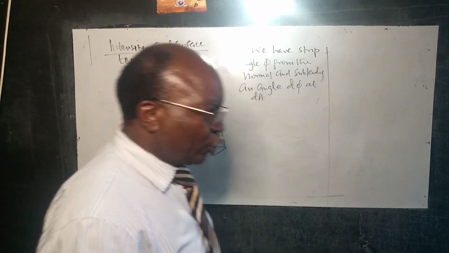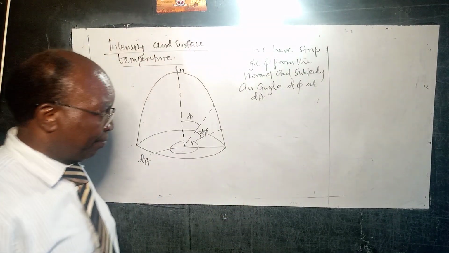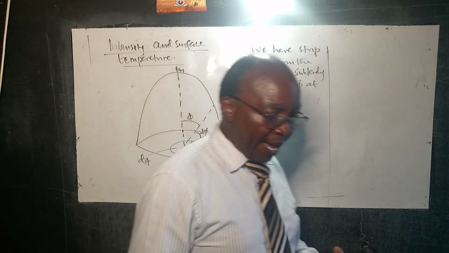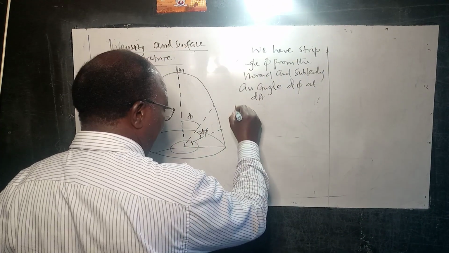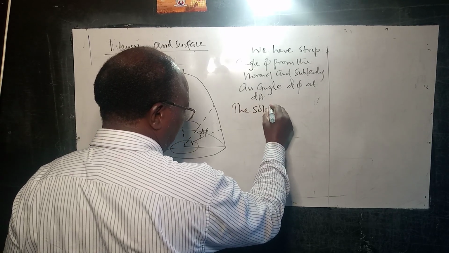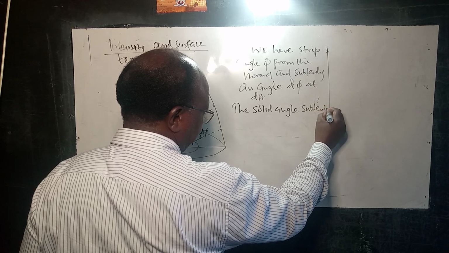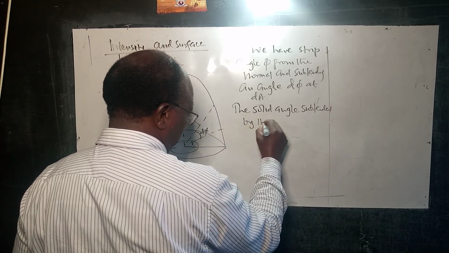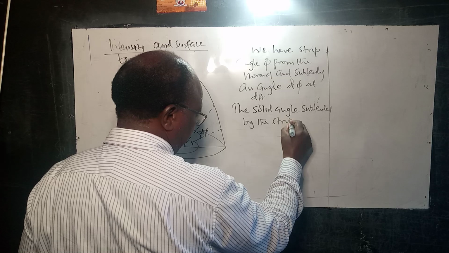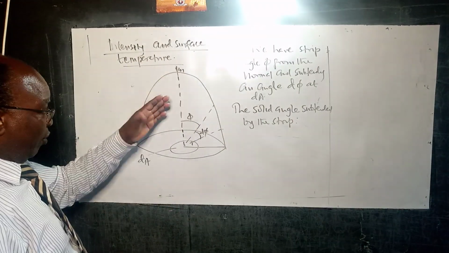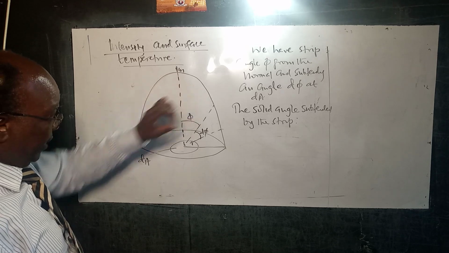Now, the solid angle subtended by this strip, if you remember from our earlier lectures, the solid angle subtended by the strip, remember our early angles where we had some area element dA1 and dA2.